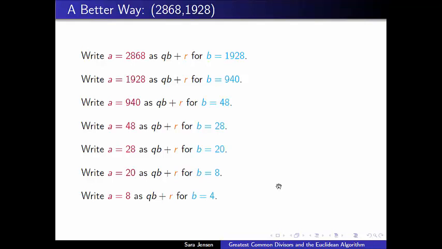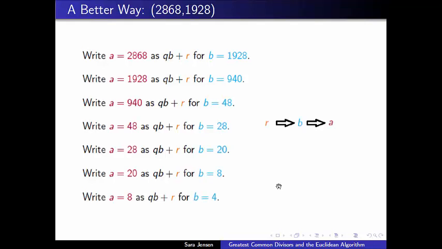So just to make more concise the process that we're seeing with these colors, in the first stage, we start with our A and B coming from the GCD we're trying to compute, and we determine the Q and the R value. Once we have those four numbers, the Q just gets thrown away. And when we move from one stage to the next, what was the B value is going to become the new A value.